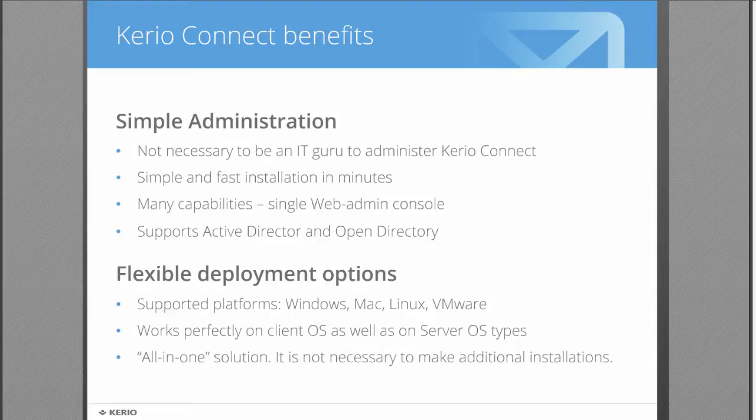We are truly cross-platform. You can install the mail server on Windows, Mac, Linux, and our own software appliance, which is supported by VMware. It works very well on the OS at the client level as well as the server level. So, for example, if you have a Mac, you don't have to have an OS X Server.